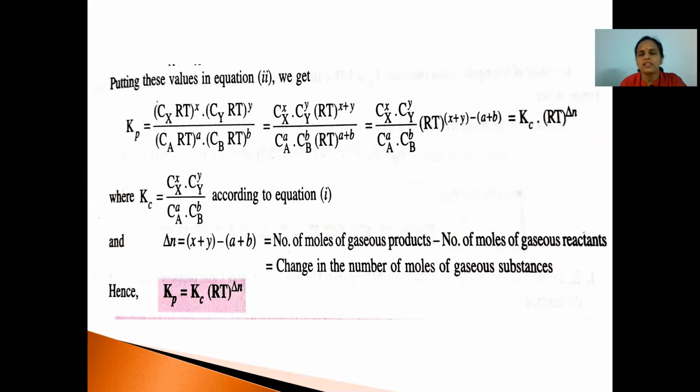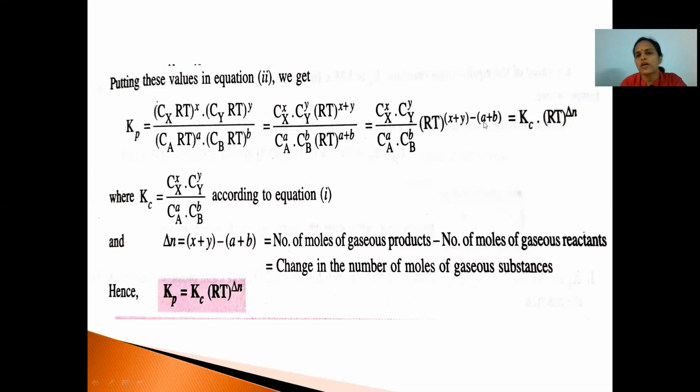On solving this, we arrive at Cx to the power x into Cy to the power y upon Ca to the power a into Cb to the power b. Here you see RT x plus y, and since RT is common, we bring this term a plus b on the numerator part, and it becomes RT raised to x plus y minus a plus b.